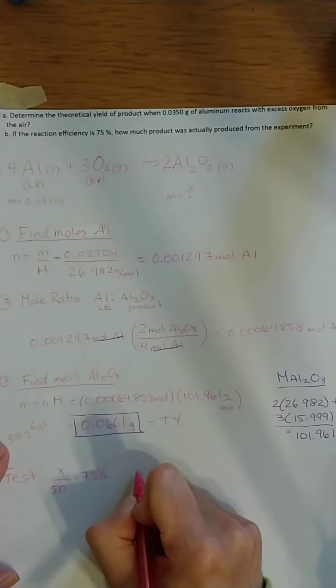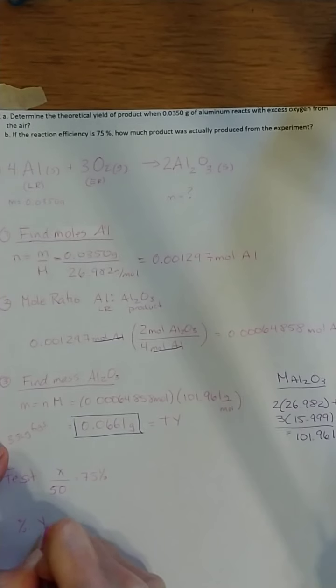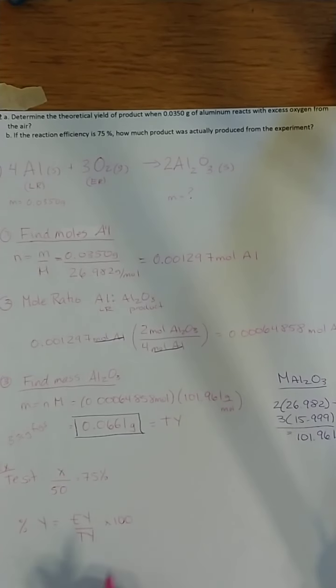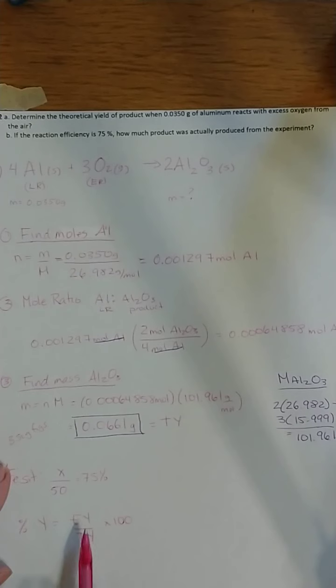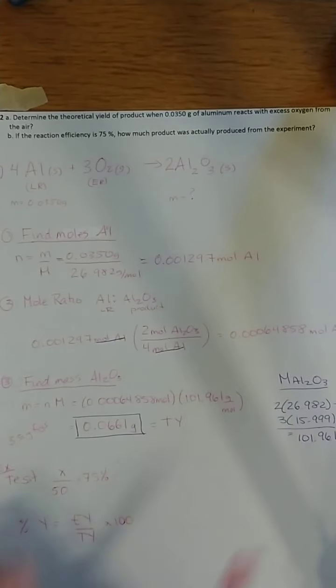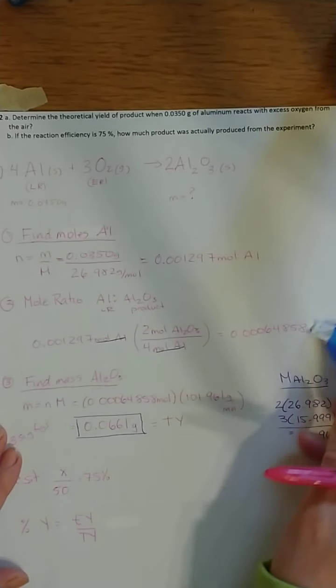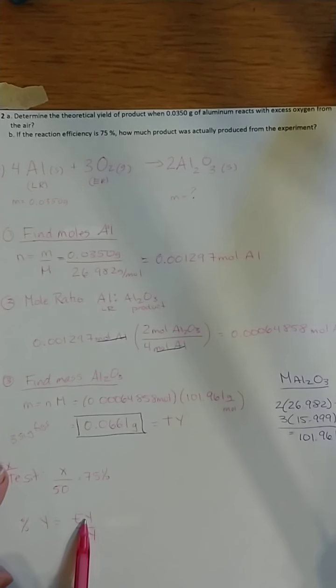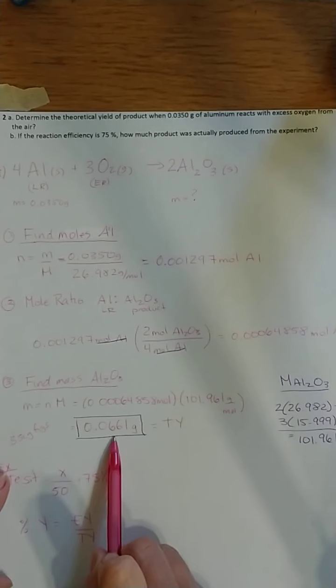So that's what we're going to do, but instead of with a test mark, we're going to use a percent yield. So we know that percent yield is EY over TY times 100. Okay, and that times 100 just means that we're going to take this, multiply it by 100, because this is always going to be a decimal. So if I get rid of this now, let's leave this out for right now, and you want to solve for EY. This is your X here, and this is your total, which is this number here.